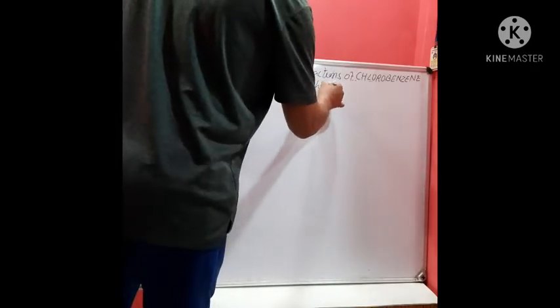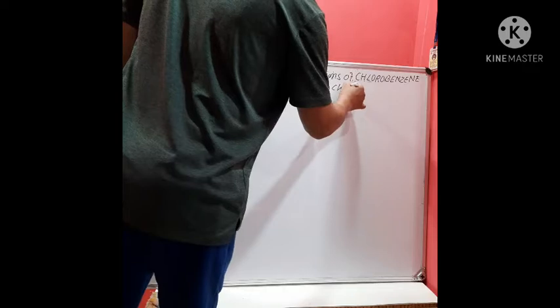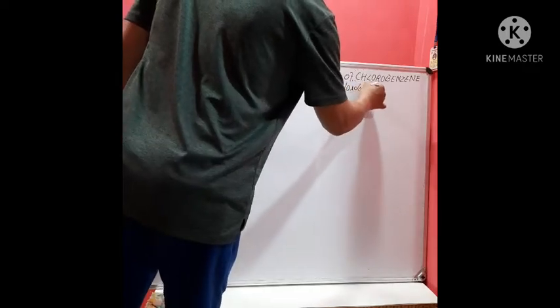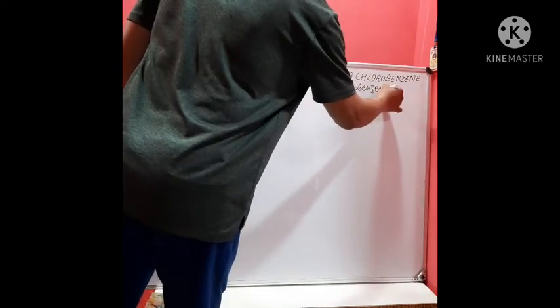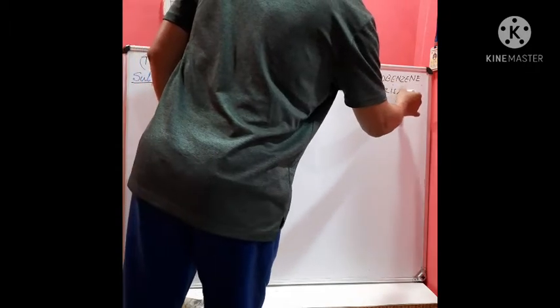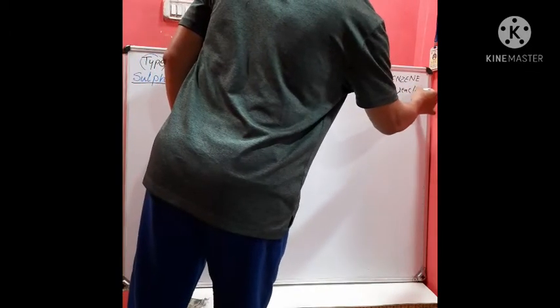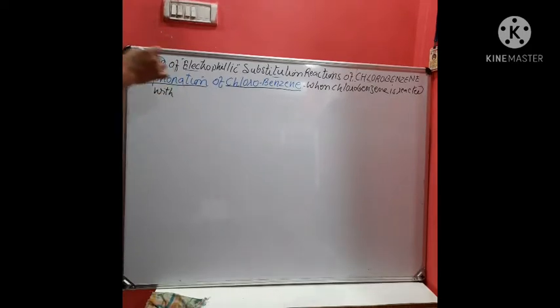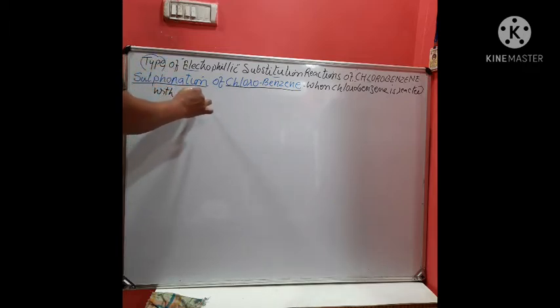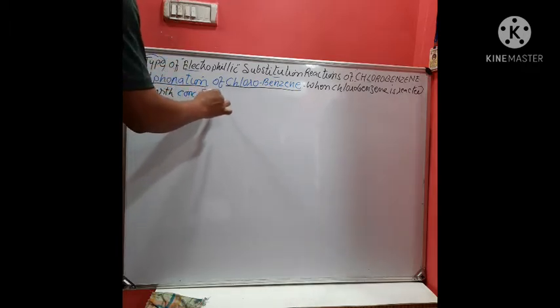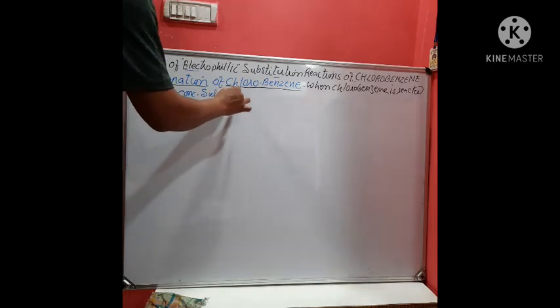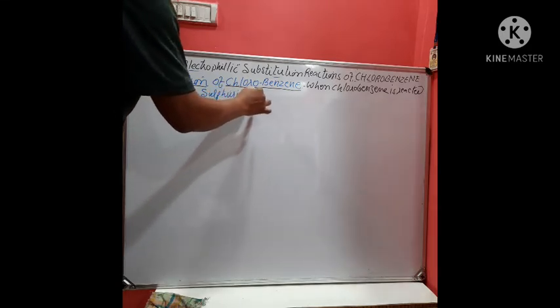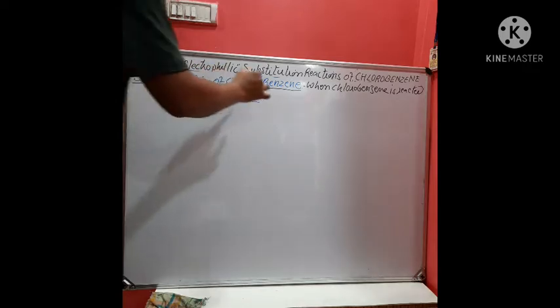When chlorobenzene is reacted with, now I am changing the specific reactant, concentrated sulfuric acid. This is the main reactant, sulfuric acid with higher concentration.